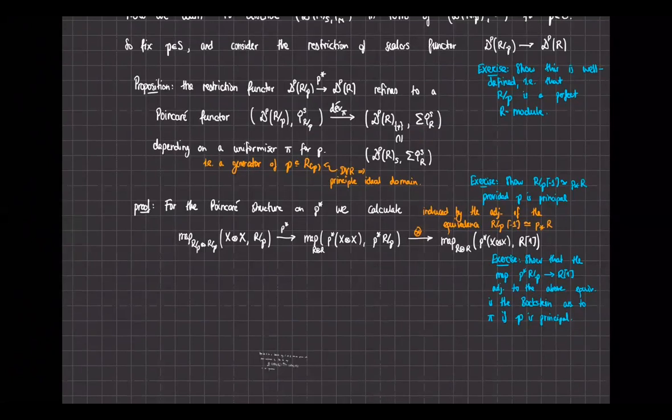Okay. So this Poincare functor on the level of the restriction of scalars functor will involve shifting our object by 1. And we will make this very explicit in a moment. And I want to say directly, I'd like to call this map a dévissage map, but it does depend on the choice of a uniformizer pi for P. So what is a uniformizer? The statement was that this localization at P, R_P, is a discrete valuation ring, and such rings are principal ideal domains.